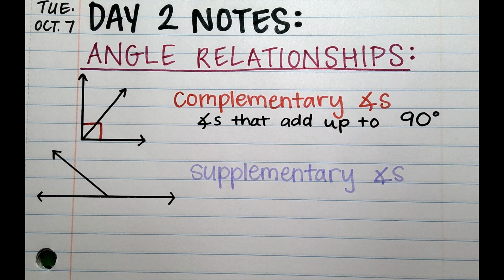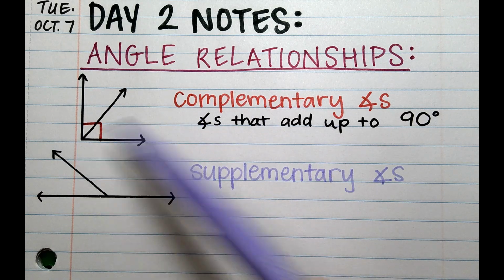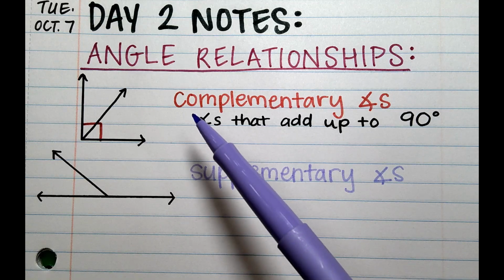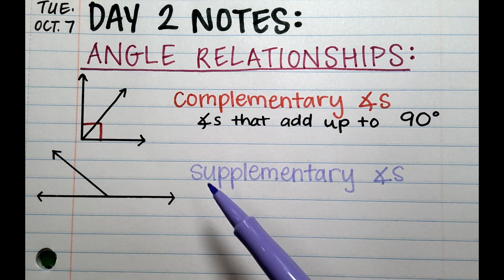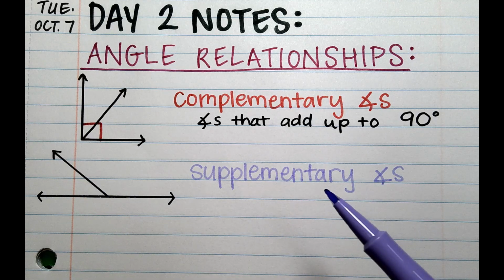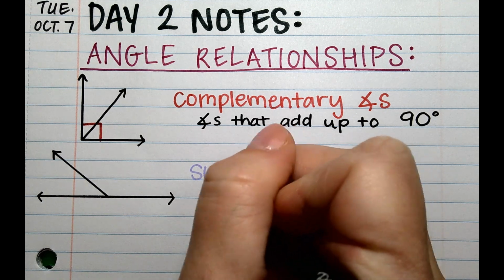And the way I always remembered the difference between the names, complementary makes a corner. Complementary. Corner. Supplementary. Straight line. Just the sounds. I think it helps. So supplementary angles are angles that add up to 180 degrees.